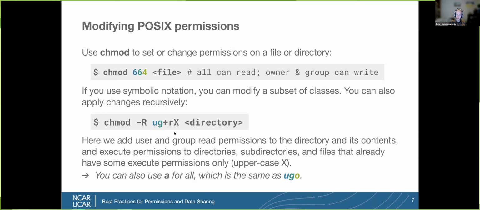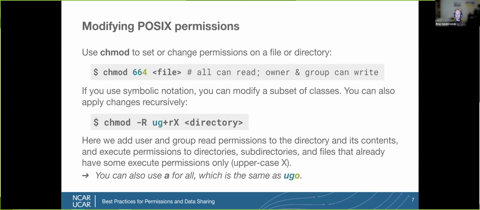Now, one nice thing as well with the symbolic notation is that it adds this uppercase X modifier. And that is what I use more often for recursive operations than the lowercase x. So if you do a lowercase x, it's going to add execute permissions to everything. Whereas if you use the uppercase X, it's only going to add those execute permissions to directories, subdirectories, and also files that already have some execute permissions on them.